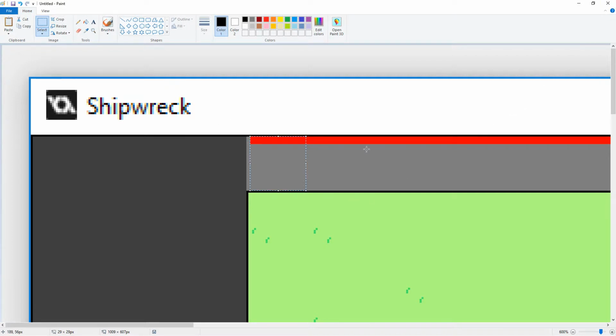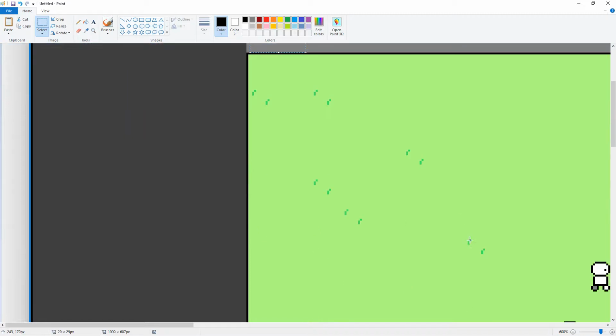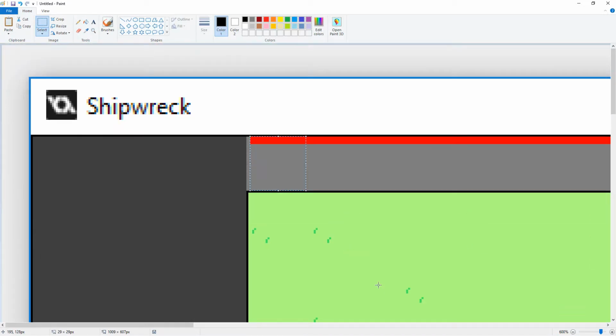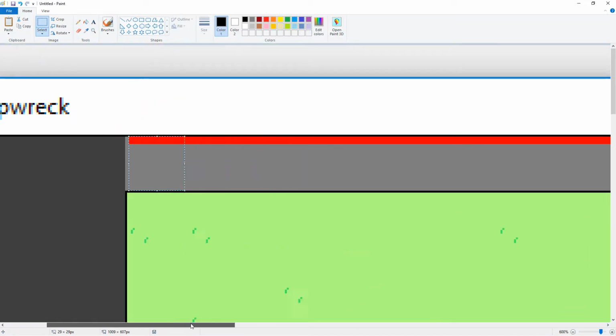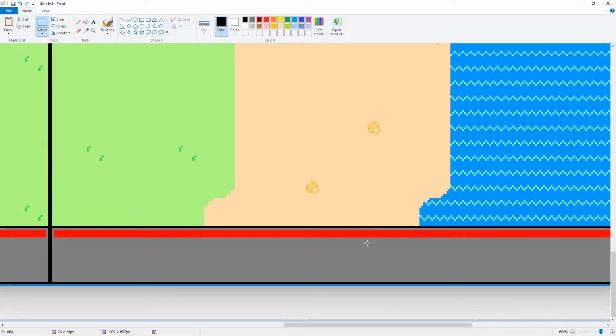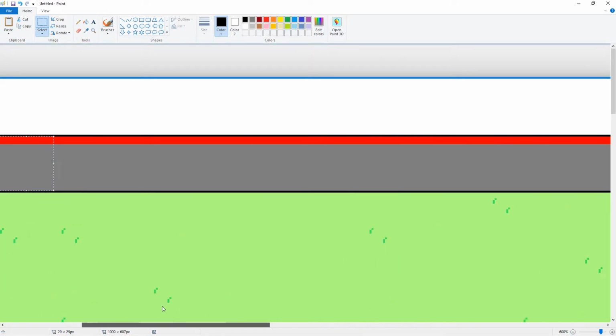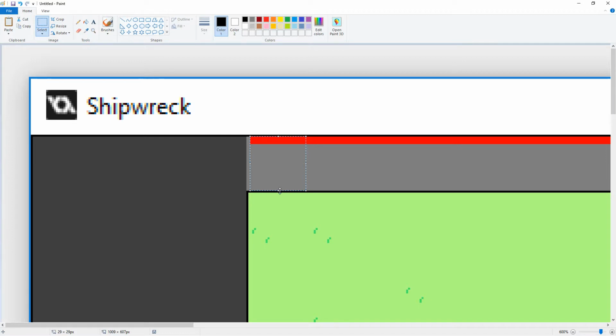It's about 29 by 29, so it's about 29 pixels. In reality, it's going to be 28 pixels of space to work with.